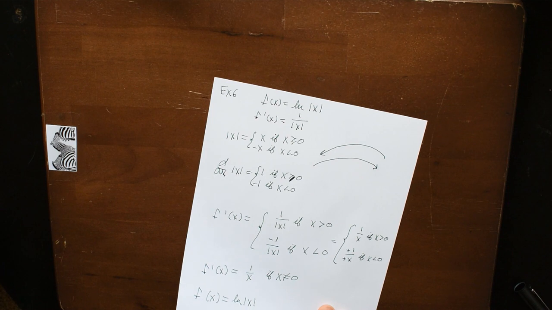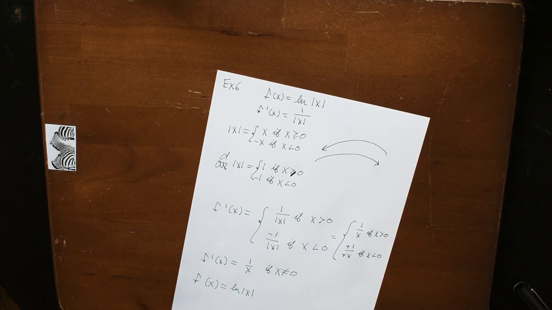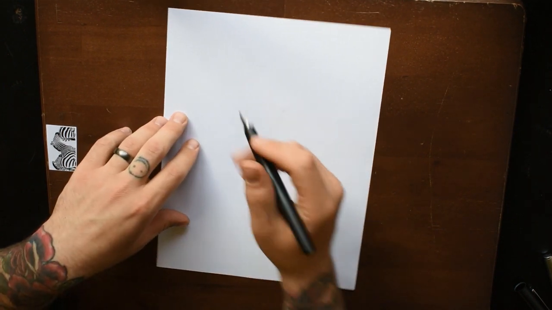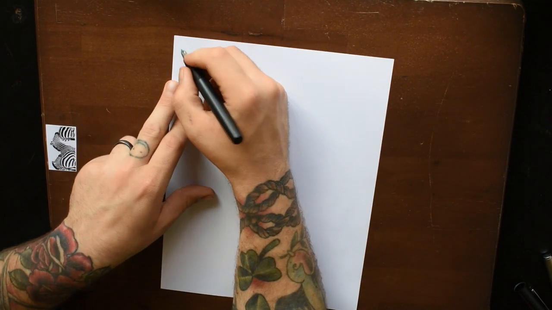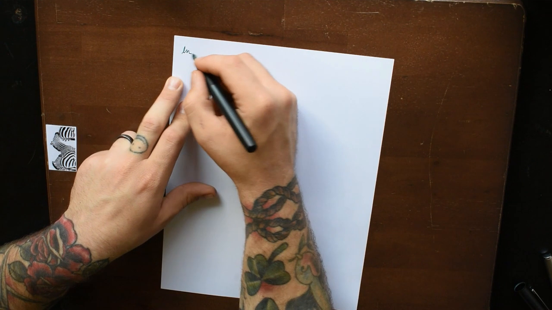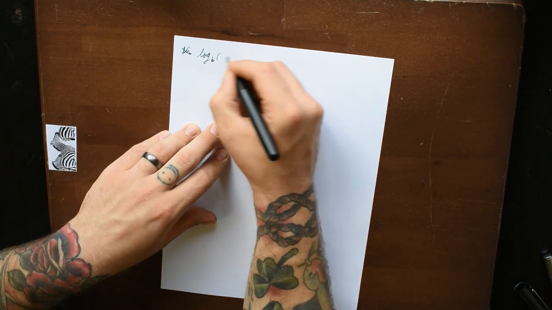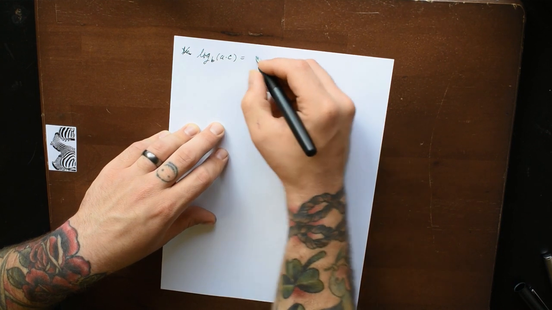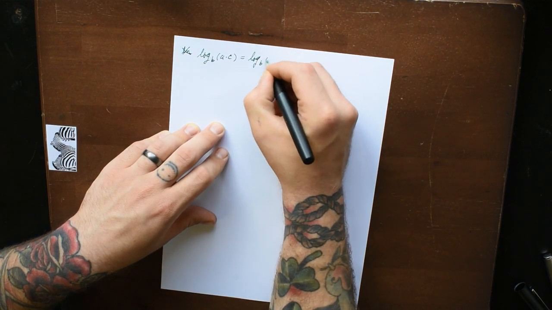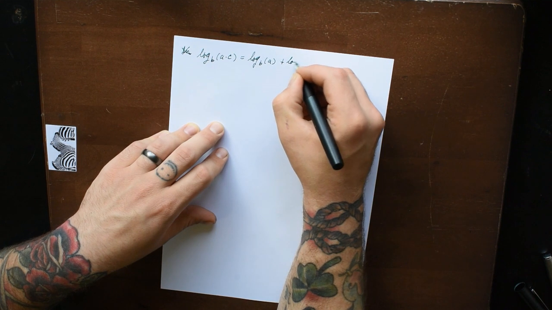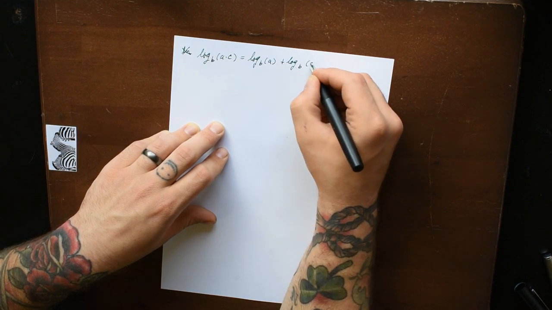So logarithmic differentiation, that's what this section is all about. I want to rewrite those log rules again. We've got the log base b of a times c is equal to the log base b of a plus the log base b of c.